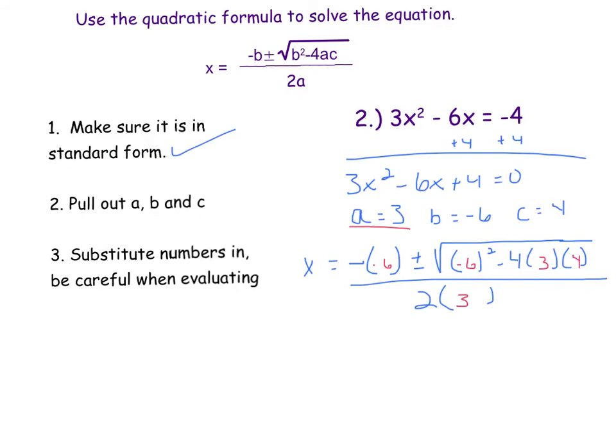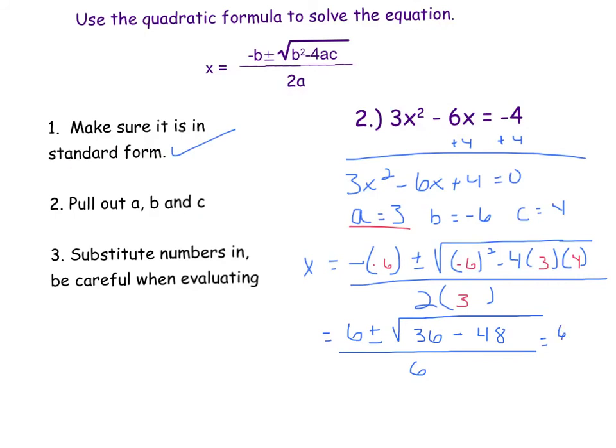So the opposite of negative 6 is 6, plus or minus the square root. Negative 6 squared is 36, and that's why we needed the parentheses, because if you didn't, it would be a negative 36, and it's not. Minus 4 times 3 times 4 is 48, all over 6.